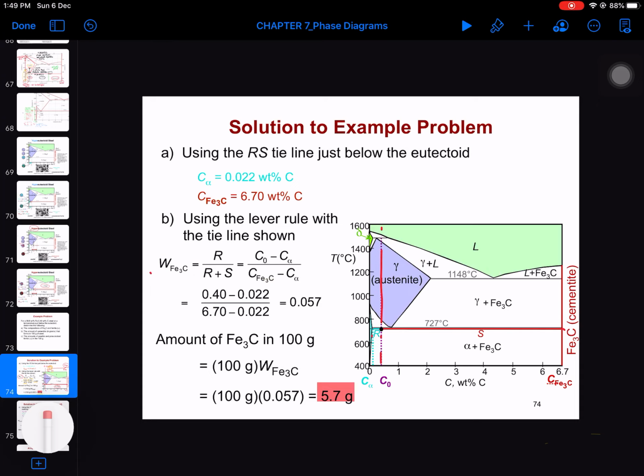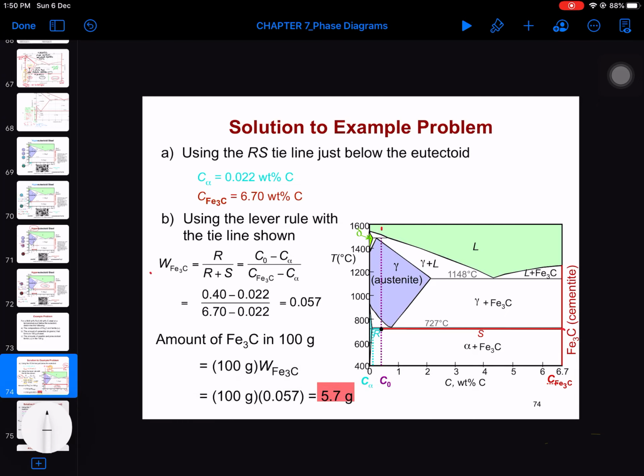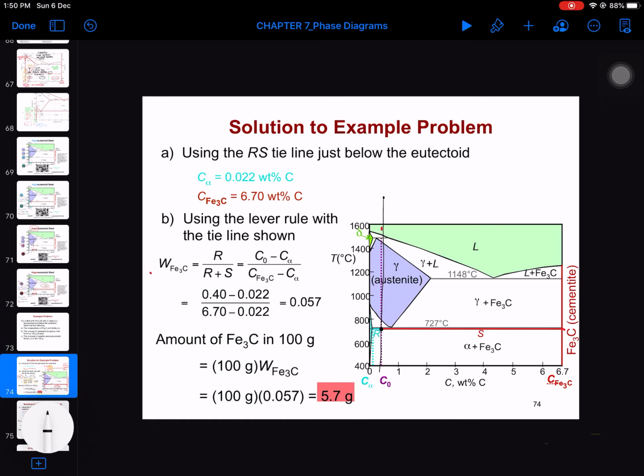Now you are asked about the weight fractions of the resulting microstructure at a temperature just below the eutectoid. This is the alloy composition line.